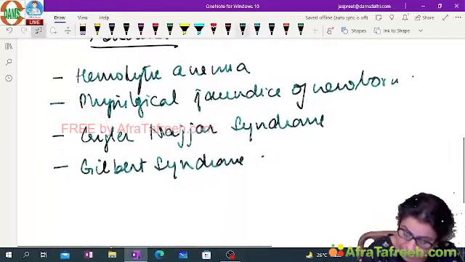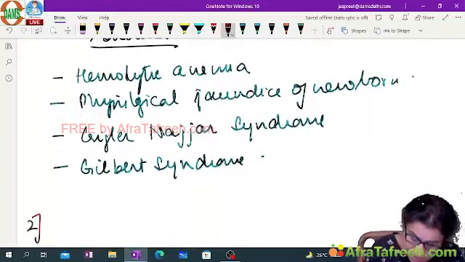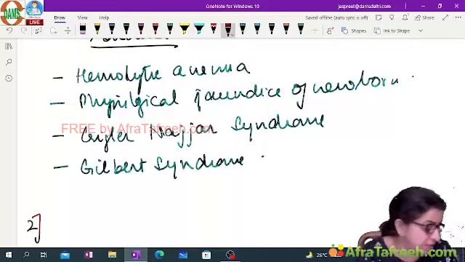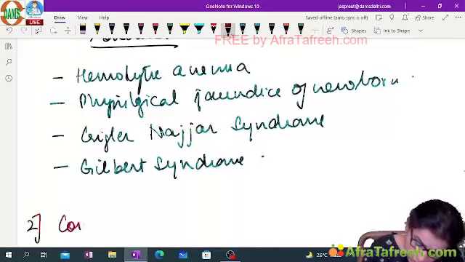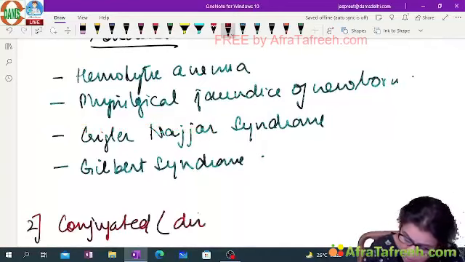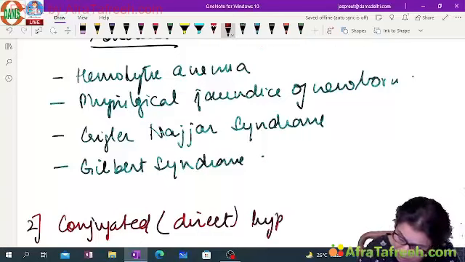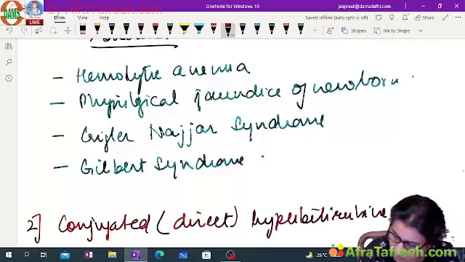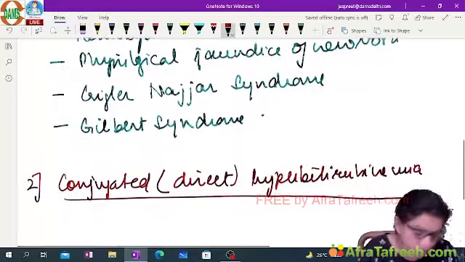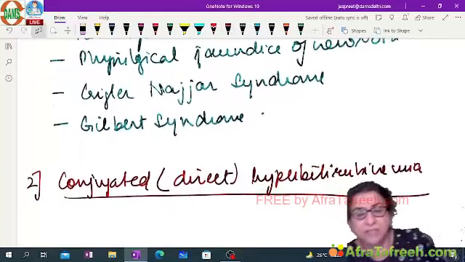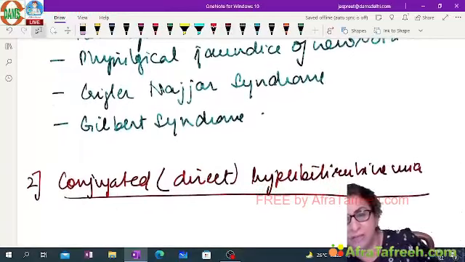The second category is conditions where conjugated bilirubin is increased. Conjugated bilirubin is called direct acting bilirubin. So conjugated hyperbilirubinemia. What are the causes? Everything is all right in the liver: in the hepatocytes, bilirubin is getting conjugated.